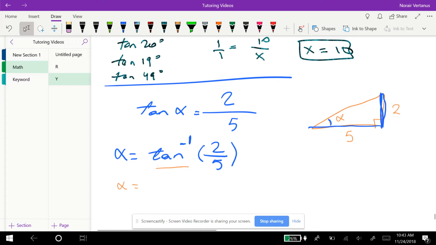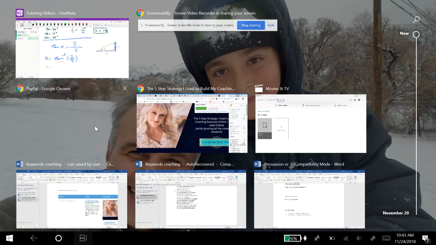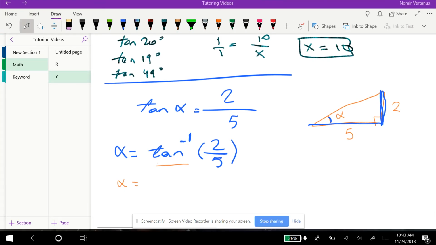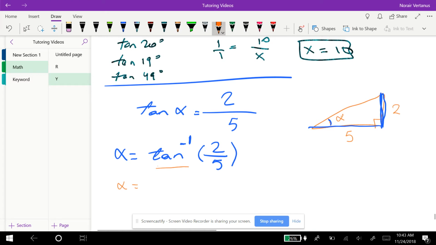Let's try this with your calculator. 2 divided by 5 is equal to 0.4. Then you search for inverse tan, or sometimes it's shown as arctan. All right, I don't see it on this calculator, but anyway, that's how you do it on your calculator.